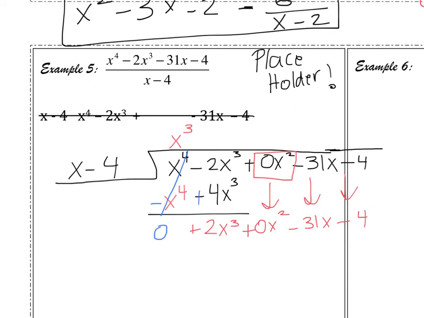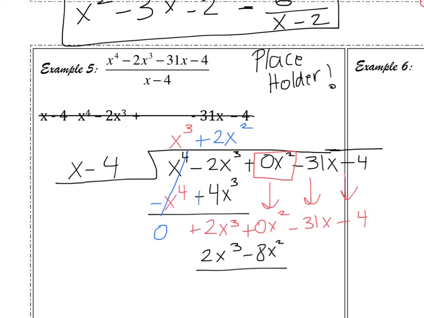Now you do the same steps again. X times what would give me 2x to the 3rd? It's going to be 2x to the 2nd. So x times 2x to the 2nd, that's 2x to the 3rd. And then negative 4 times 2x to the 2nd, that's a negative 8x to the 2nd. Now see how the powers are lining up? That's because I created a placeholder for the missing power.